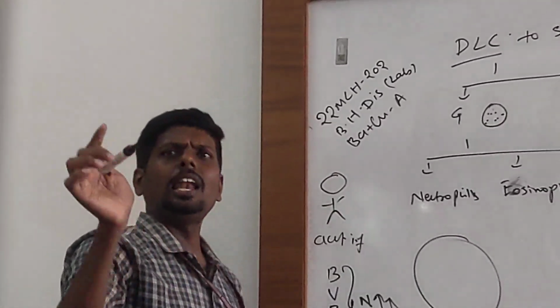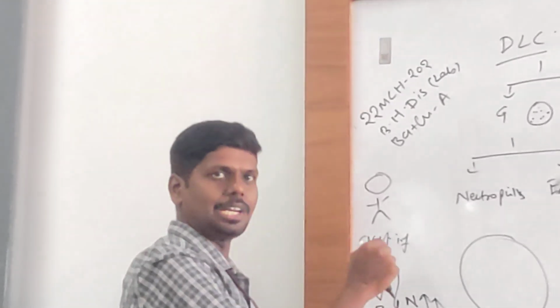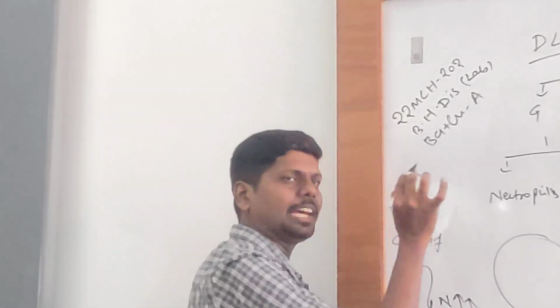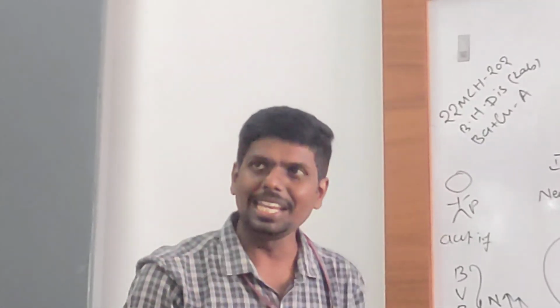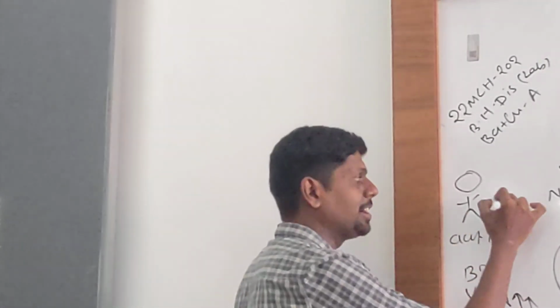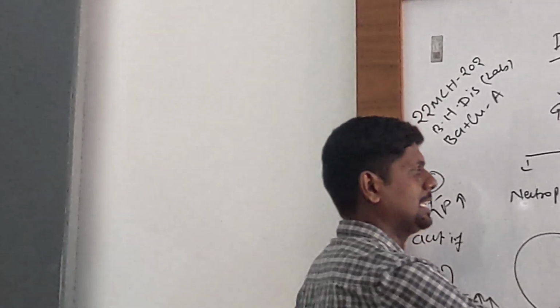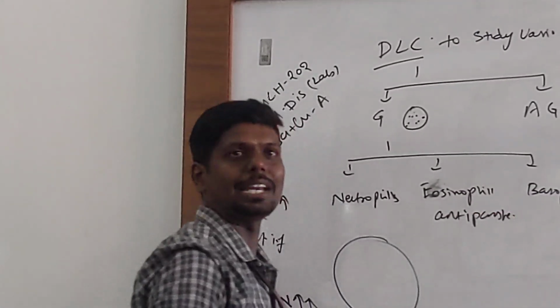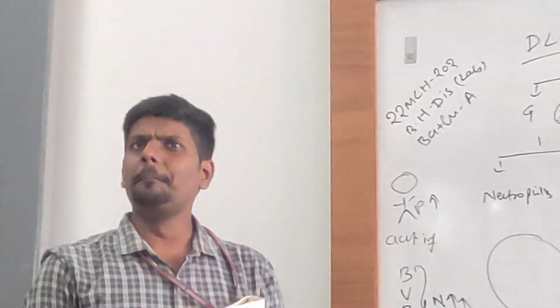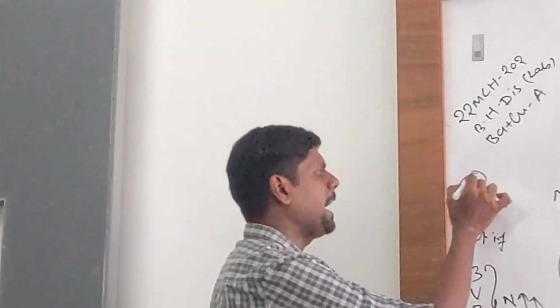Right? Let us assume my patient got specifically a parasitic infection. If a parasitic infection, what cells will increase? Eosinophils. That means these are anti-parasitic cells. My patient also developed asthma.